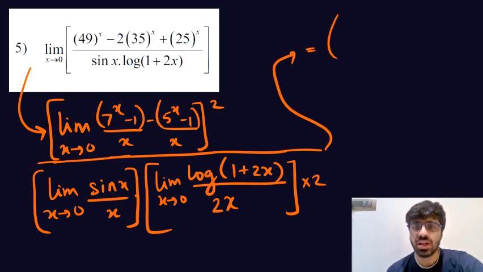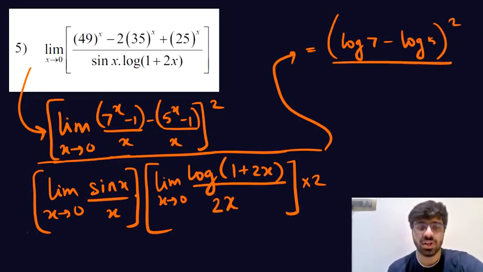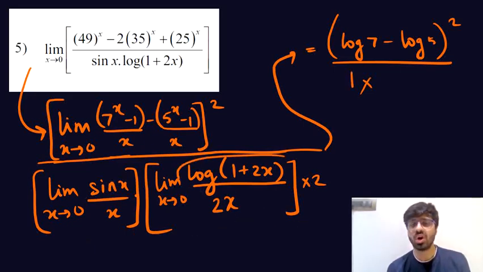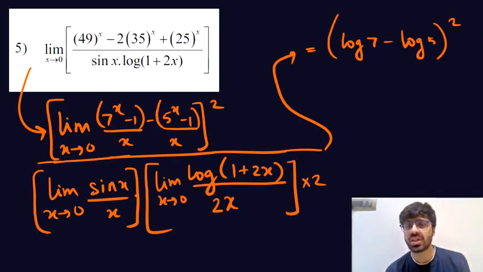The numerator will be log 7 minus log 5 the whole square. In the denominator it is this term, which is equal to 1 by formula. This term, limit of log of 1 plus x divided by x will be equal to 1 into, we have a 2 here. So the denominator is 2. So we have half outside the bracket.